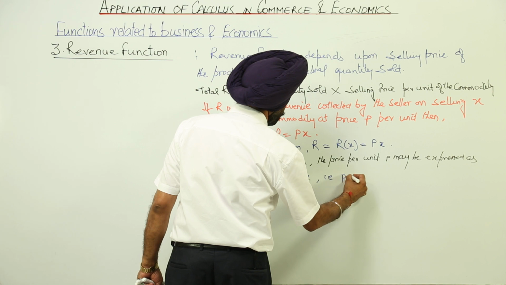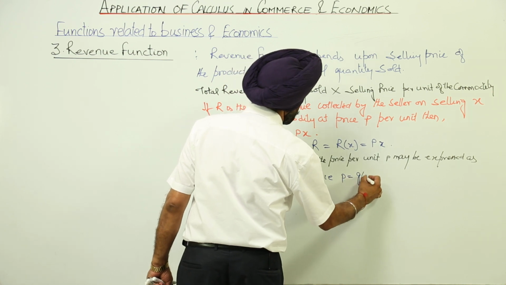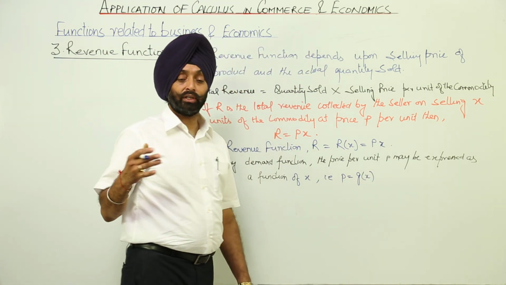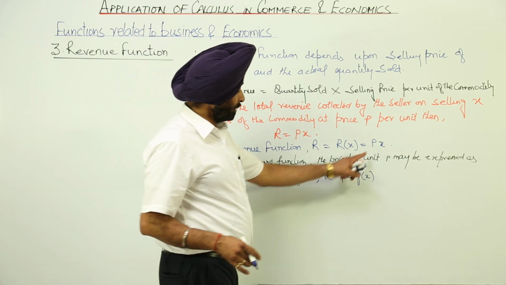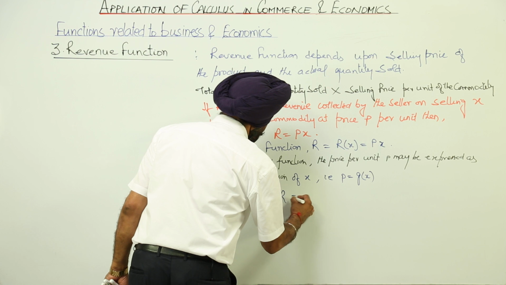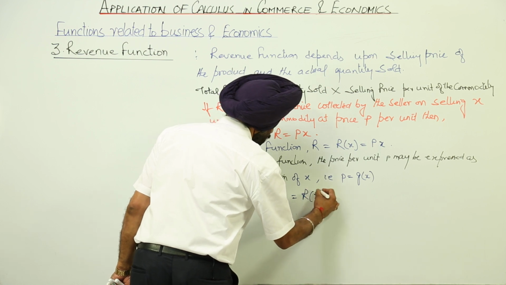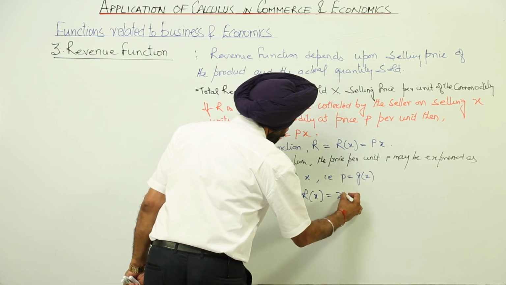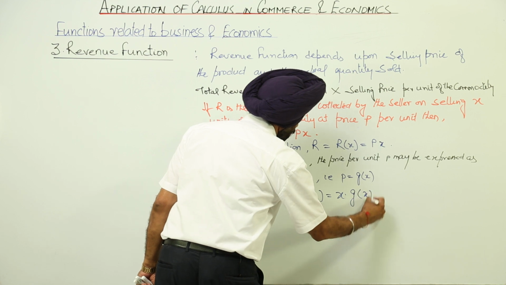For example, P is equal to, suppose we are dealing that another function as g of x, then in place of this P we can just write it g of x. So, our revenue function can be written as x times g of x.